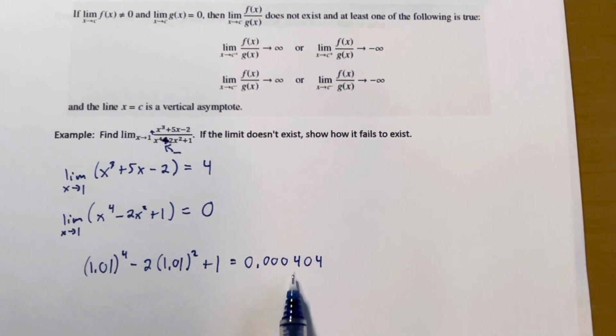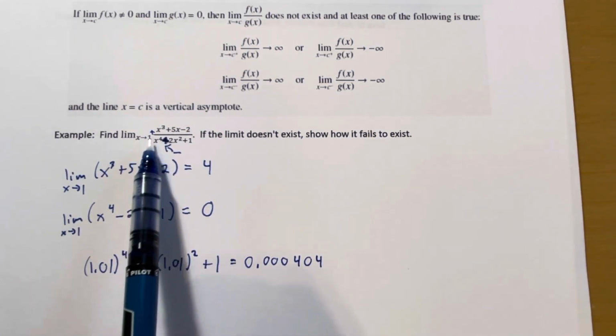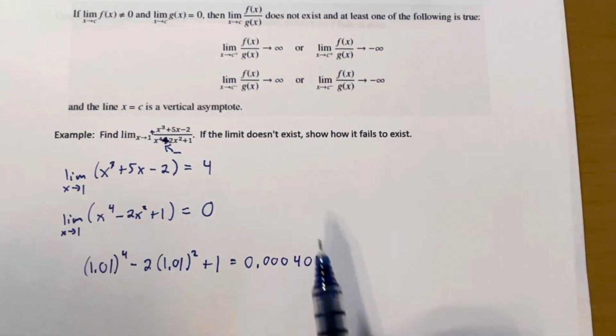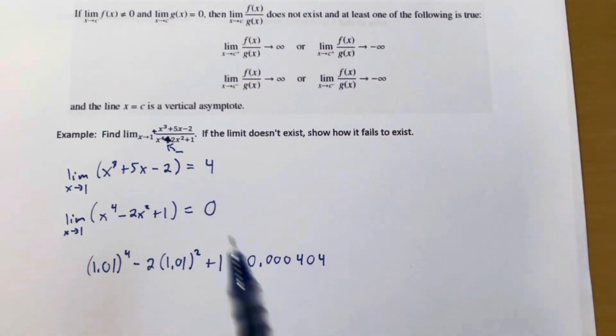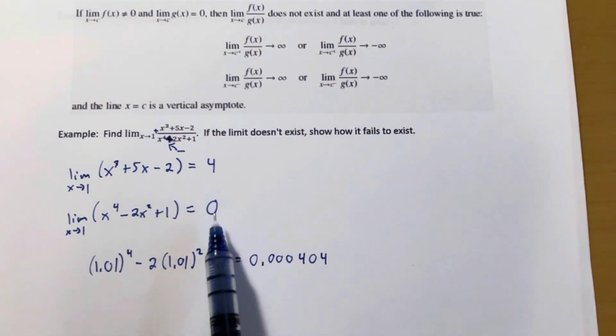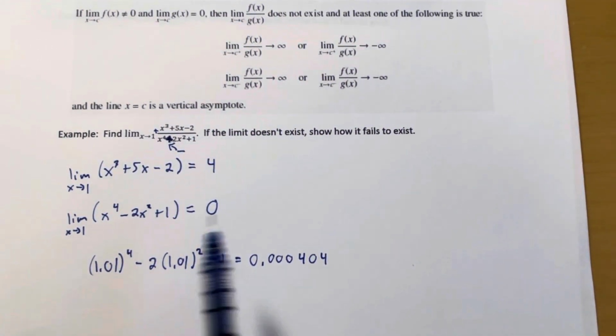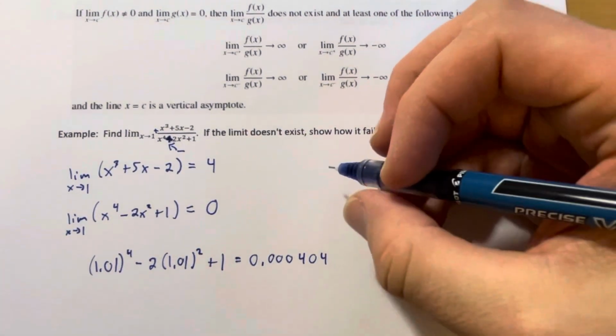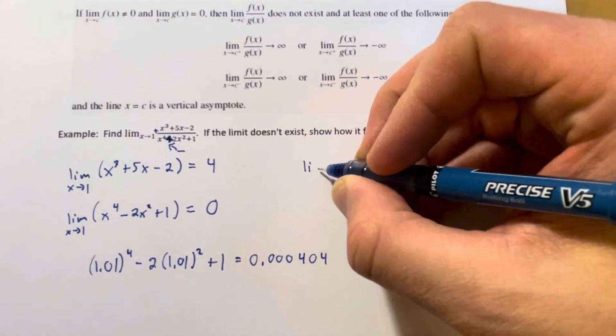So what that tells me is that as we approach 1 from the positive side, I'm getting a positive number over a positive number, but because my numerator is going to some non-zero number and my denominator is going to 0, it's going to grow indefinitely, and it's going to give me a limit that goes to positive infinity.